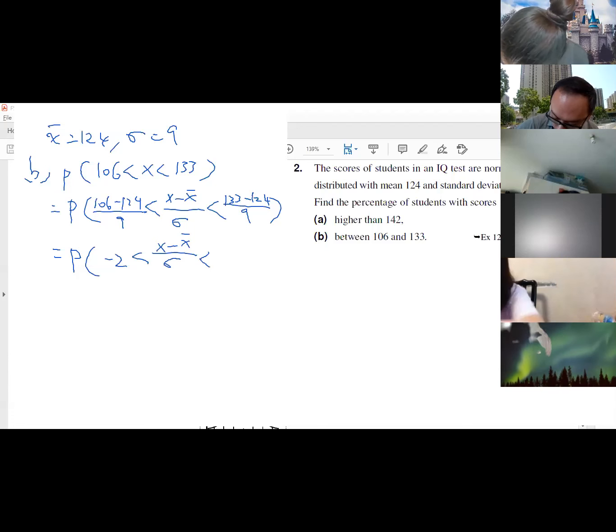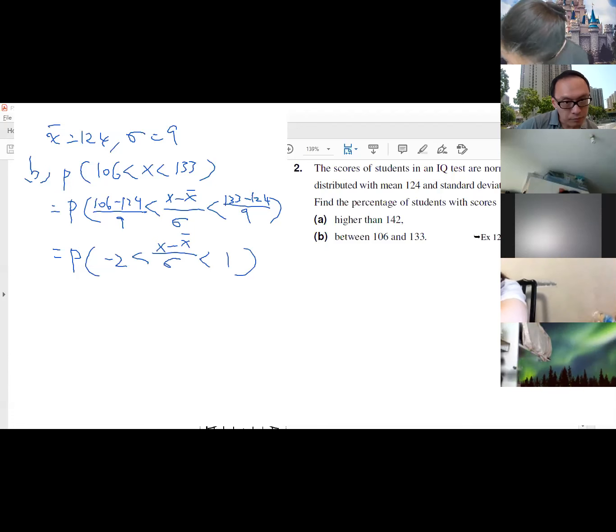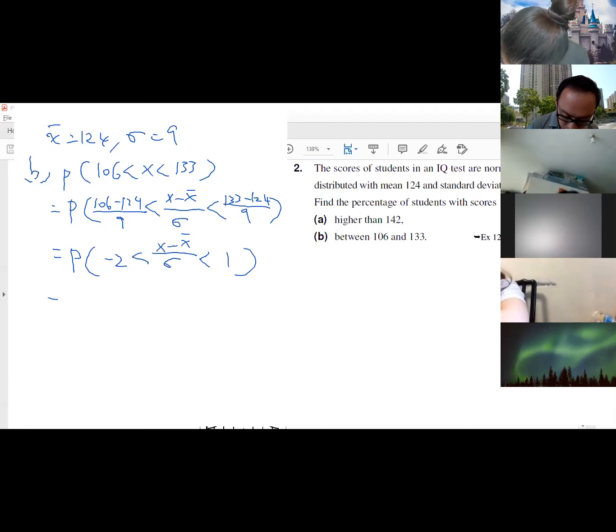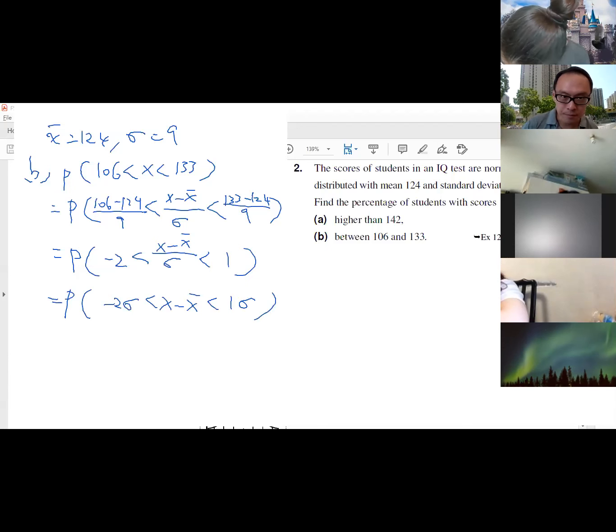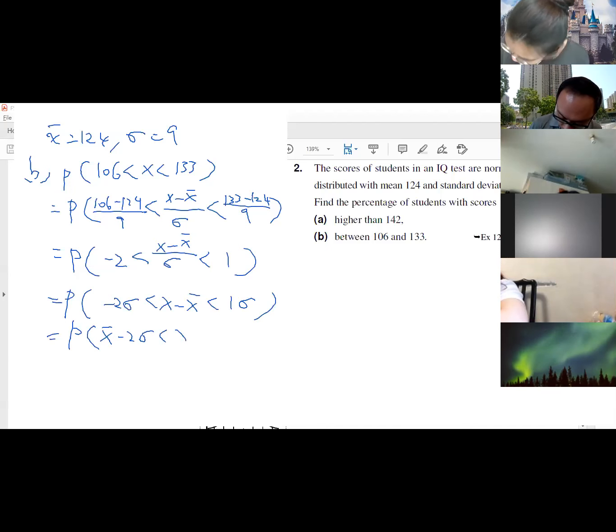The right hand side should be +1, right? Okay, and then next step, we multiply the sigma to the left and to the right. So that is -2 sigma less than x minus x bar less than 1 sigma. And then we add x bar to each part. So x bar minus 2 sigma less than x less than x bar plus 1 sigma.